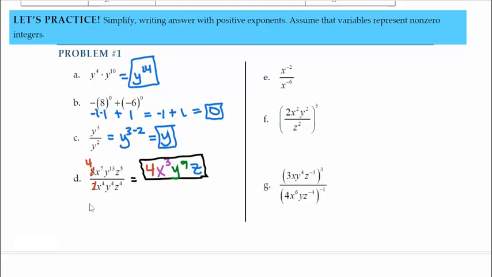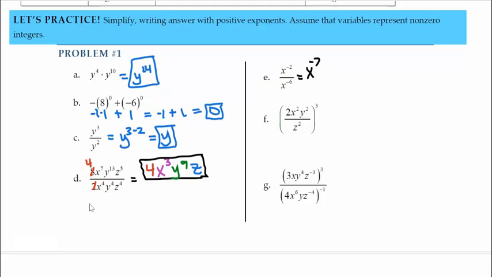Okay, looking over this one, here are some negative exponents. When I have negative exponents, I just like to flip them to where they're going to be happy. I'll show you the way maybe the book does it, but then I'll show you the other way that I like to do it. So in this one, if we're using that quotient rule like I was talking about before, we're going to take the top exponent minus the bottom exponent.